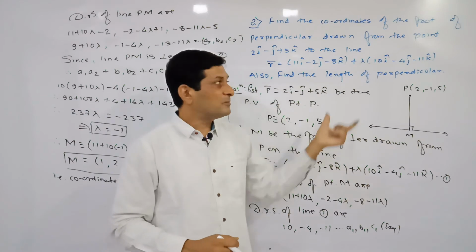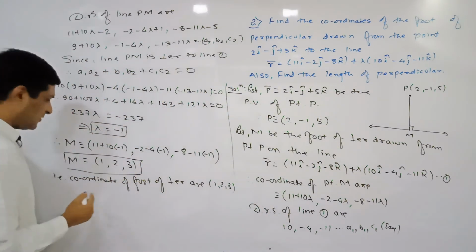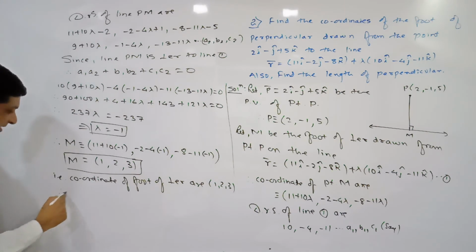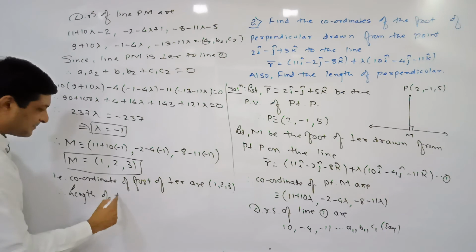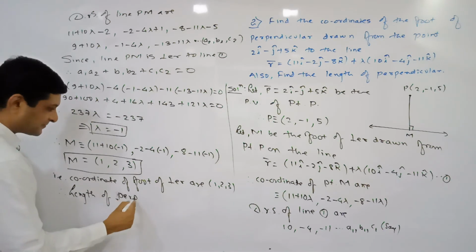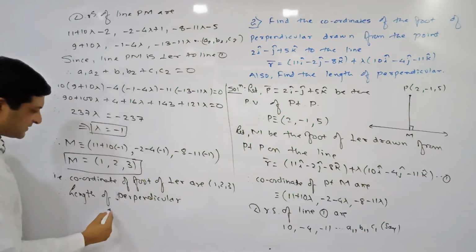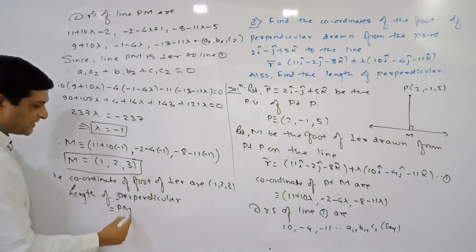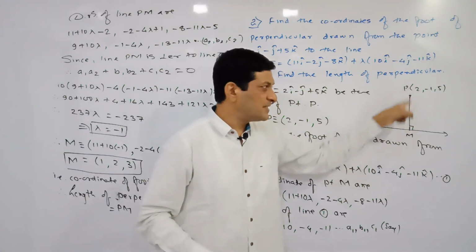Now the second part of this question is to find the length of perpendicular. So let us try to find the length of perpendicular. Can I say that the length of perpendicular is equal to PM? So the length of perpendicular drawn from this point on this line is equal to PM.